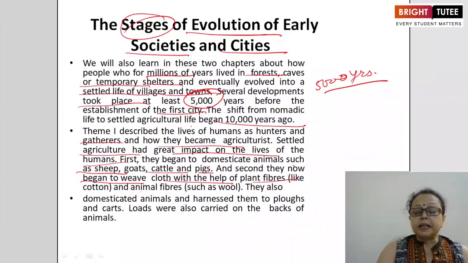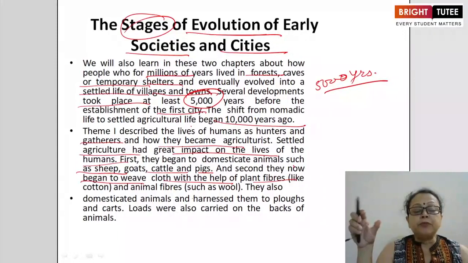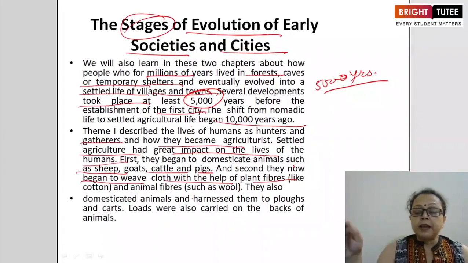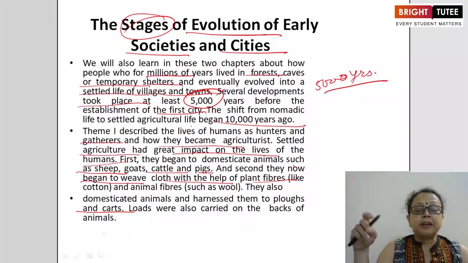So what it says is that not only did they start domesticating animals, but gradually they started weaving cloth with the help of plant fibers like cotton and animal fibers such as wool. They also domesticated animals and harnessed them to plows and carts. Not only for plowing the field, but they also started using these animals to pull carts.